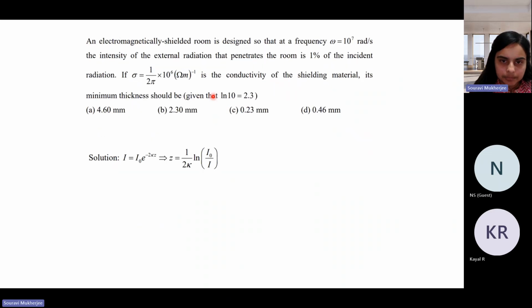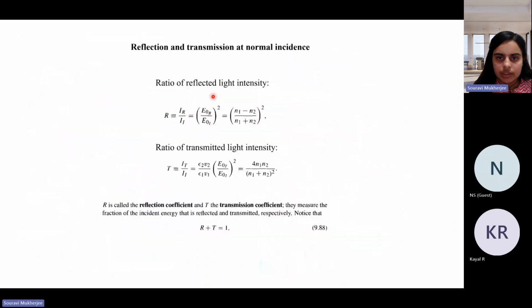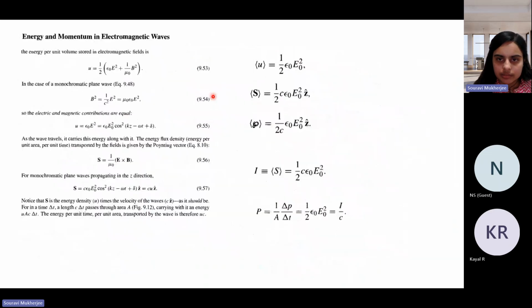If we go back and look at how things are related to each other, you would get something like this. You need to find I, you know E naught. What is E naught? E naught is the amplitude of your electric field, that is given to you. You know the medium, I think it was vacuum, most probably. So now you know all of it, so you can find I.